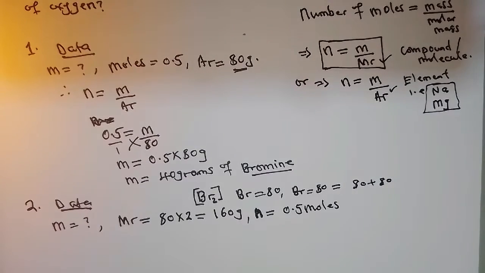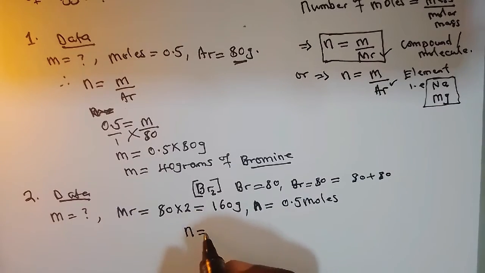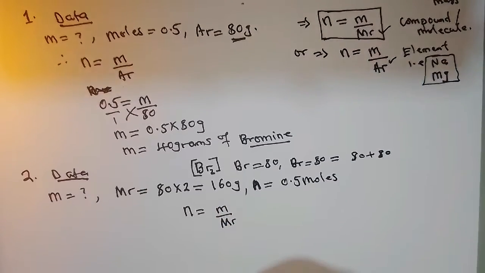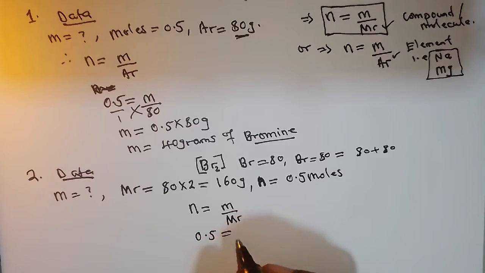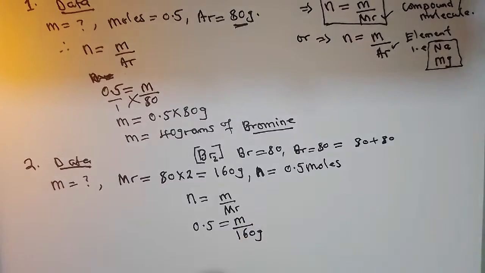From there, we look at the formula: n equals m over the Mr. We know the value of n, so 0.5 is equal to the mass, which is what we are looking for, over the Mr., 160 grams.